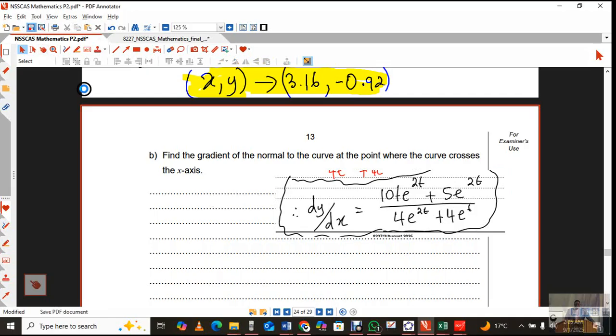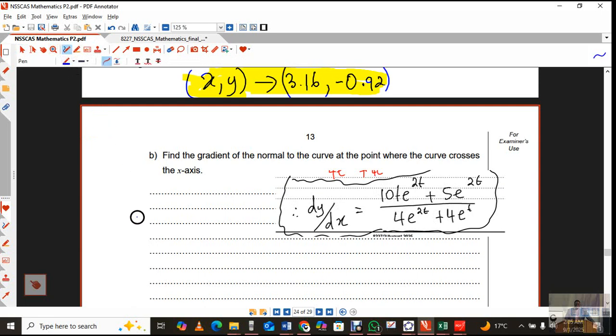Okay, when t is equal to 0, let's see what our gradient is, because remember we need to find our gradient, and what we have there in our gradient is a t value, and we would like to have a numerical value.